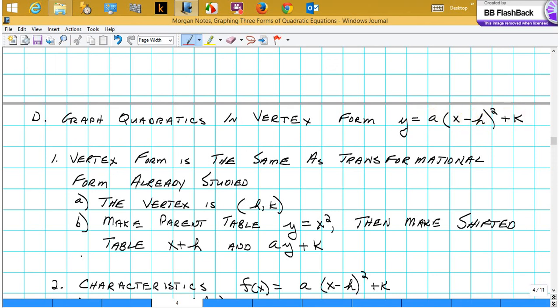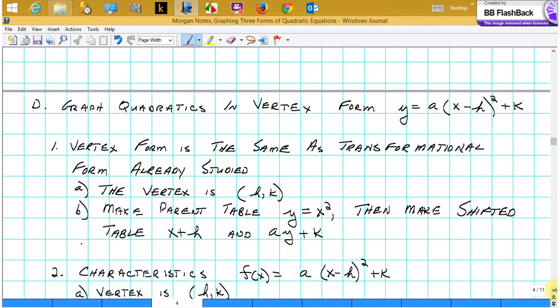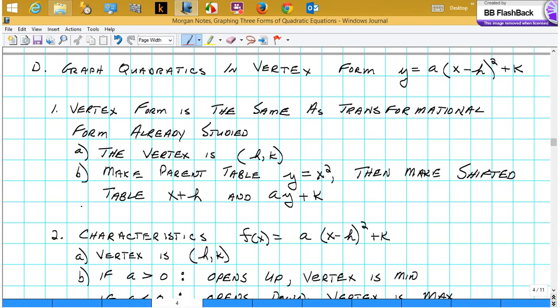Now we are going to do a little bit different on this. It's probably actually easier than doing the transitional form, which you're used to. Remember when we did transitional form, we said every point would undergo a stretch and then receive the hk shift. Well, the vertex, because it's at 0, 0, can't be stretched.